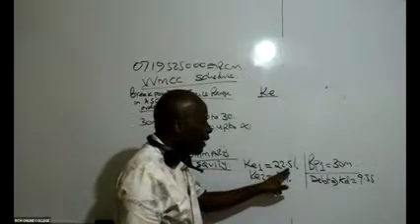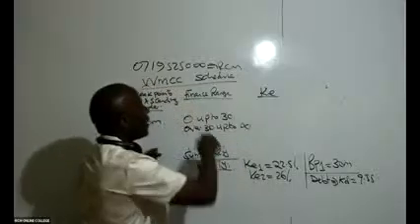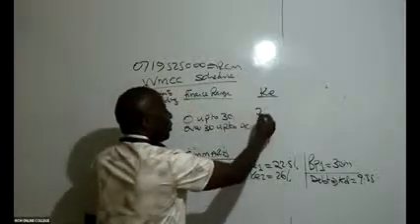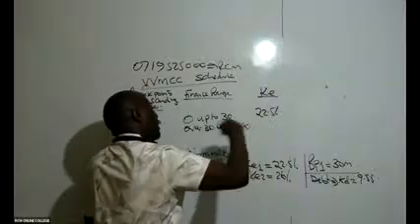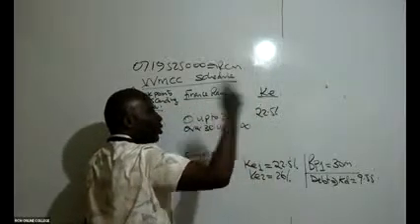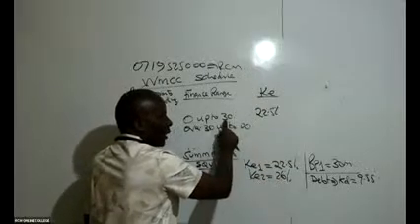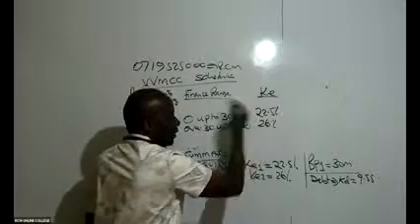This 22.5 will be applicable up to 30 million. Beyond that, we take a new cost of equity. And the new cost of equity will be what here? 26. Above this 30, we take 26 percent.